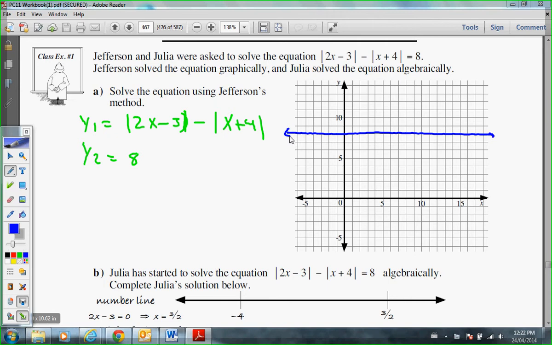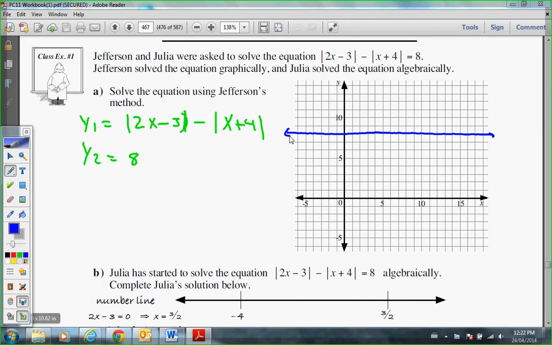Okay, so everybody hit window, so we all have the same one. Your x min you want -5, x max 20, y min -5, and y max 20. Then go to your y equals and put that in, and when you hit enter, you should get a V-ish looking thing with a line through it.